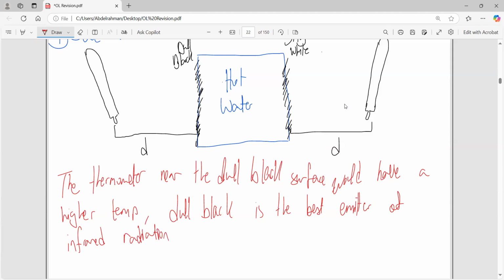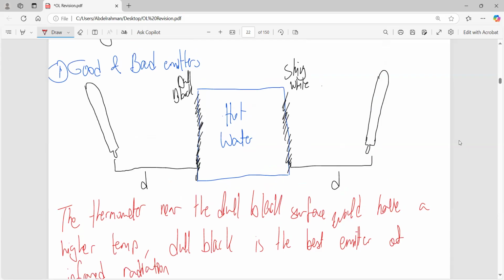Dull black, best emitter of infrared radiation. You cannot say it's the best emitter of heat. You cannot say it's the best absorber. What is this, Mr.? But I know that dull black is the best absorber. Yes, it is correct. But for this question, for this example, you have to say that dull black is the best emitter of infrared radiation. Why? Because it's emitting.